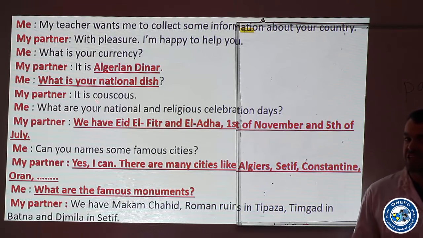My partner: It is couscous. So our national dish is couscous. Me: What are your national and religious celebration days? My partner: We have Eid al-Fitr and Eid al-Adha, the 1st of November and the 5th of July.